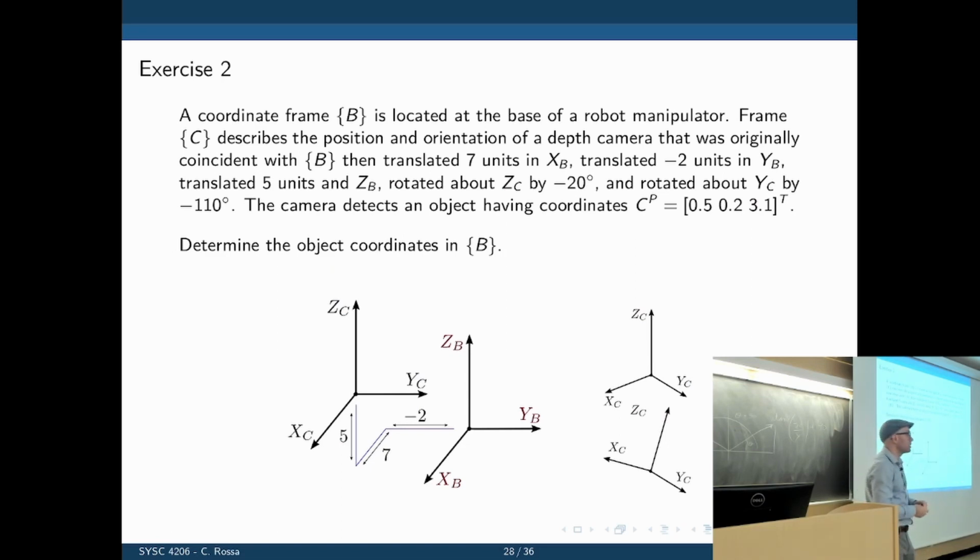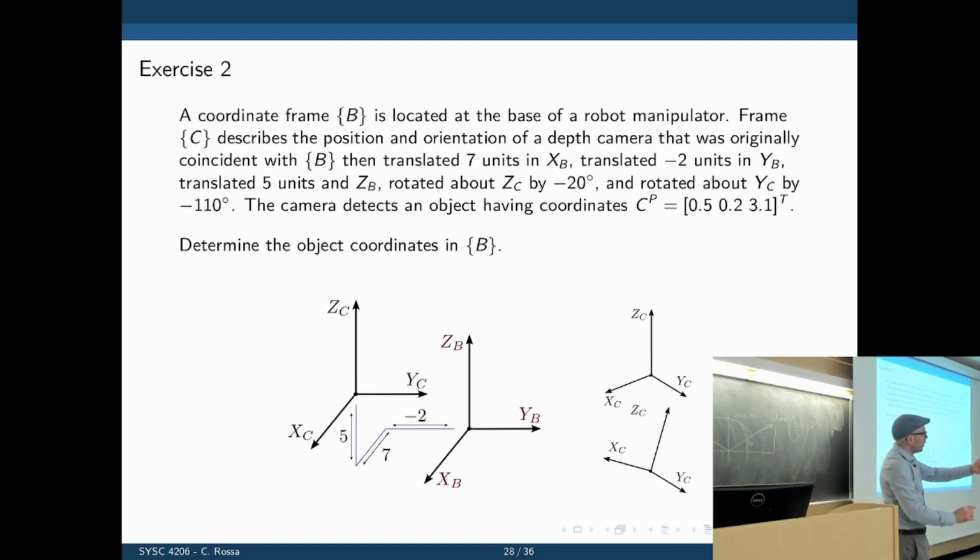And one example is targeted biopsy. You can take an ultrasound, try to find a point, some abnormalities in the tissue, a lesion, and then you tell the robot to go and sample the point right there. In order to do that, the point must be expressed with respect to the same frame as the robot and the effector.